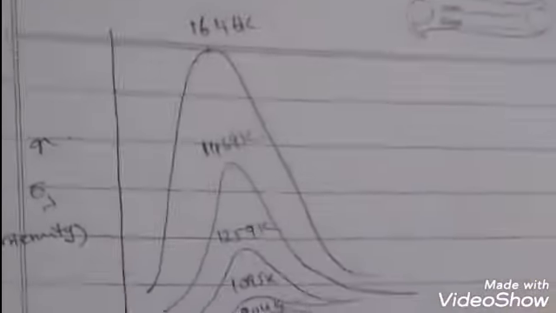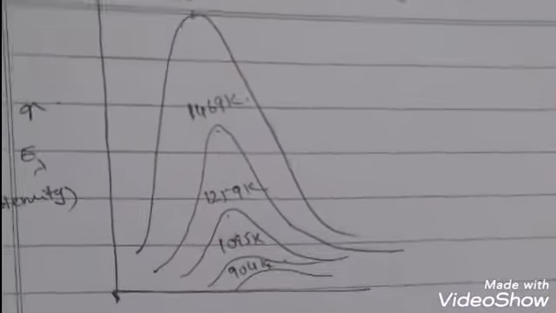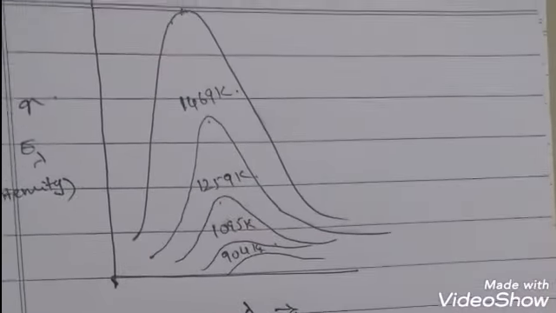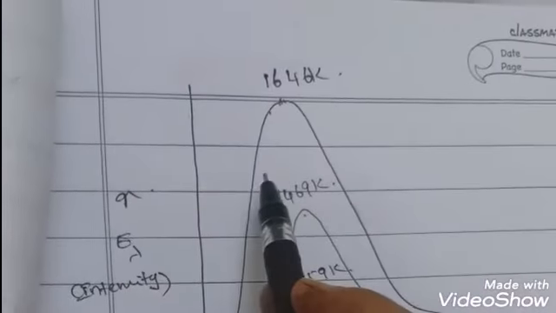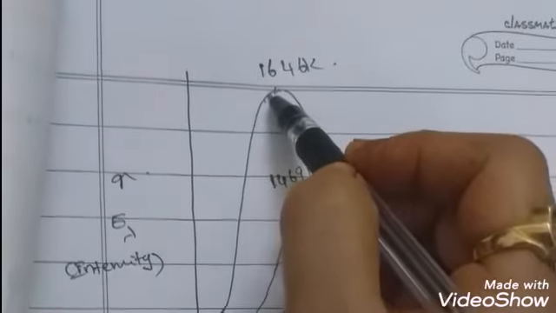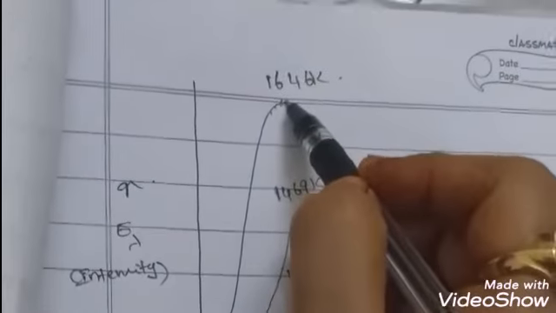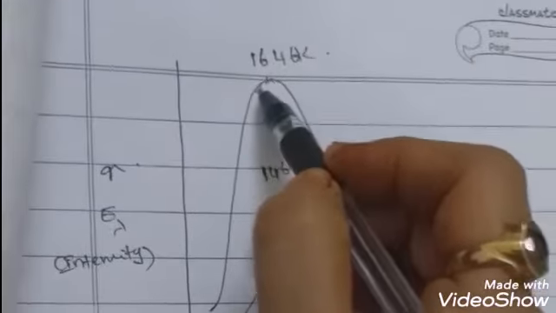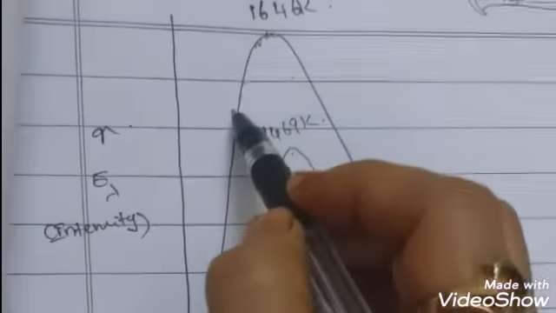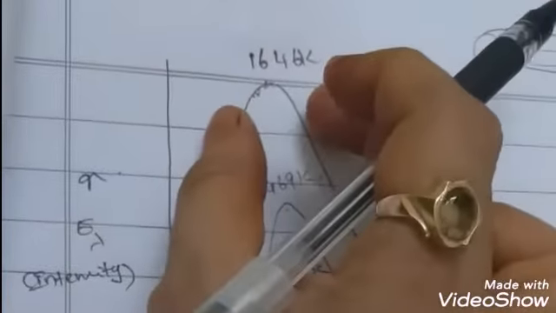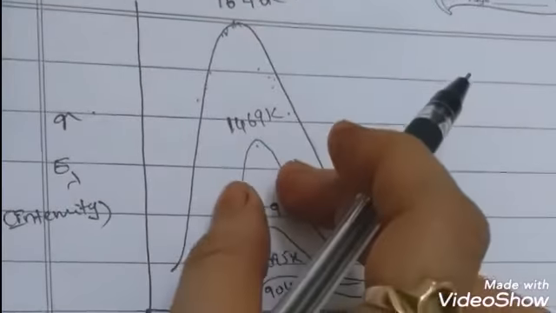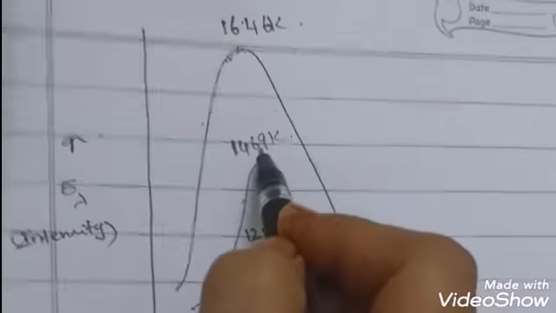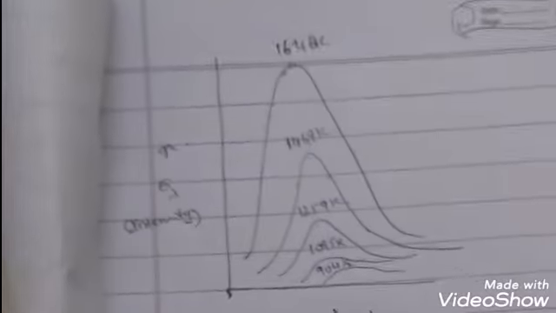Another one is, the total energy of radiation at any temperature is given by the area under the curve. For example, if we take 1646 Kelvin, the total energy of radiation at this temperature is given by the area under this curve. The total energy is distributed in this curve for this particular temperature, and the total energy is distributed in this curve for that particular temperature.